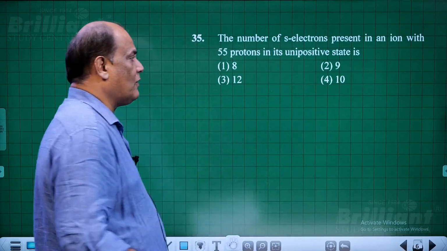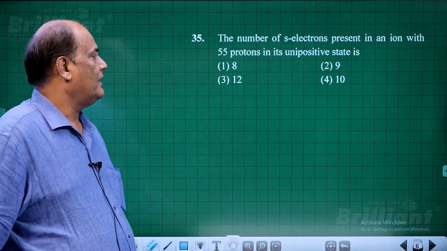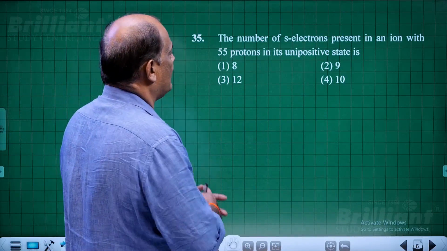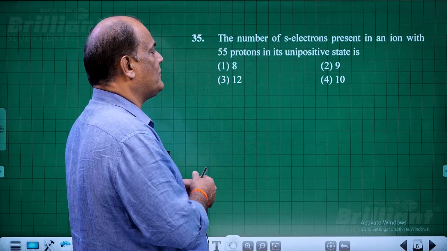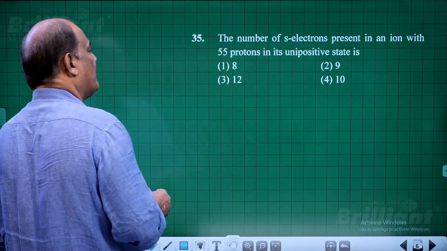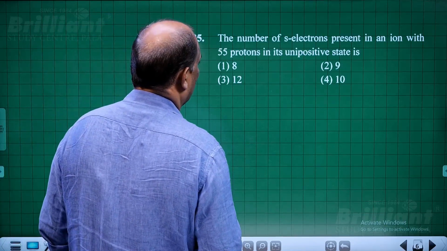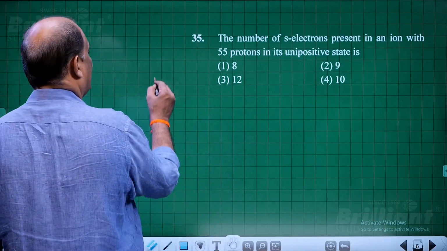The number of s electrons present in an ion with 55 protons in its unipositive state. Unipositive state, this is the 55 means what? 55, generally what?